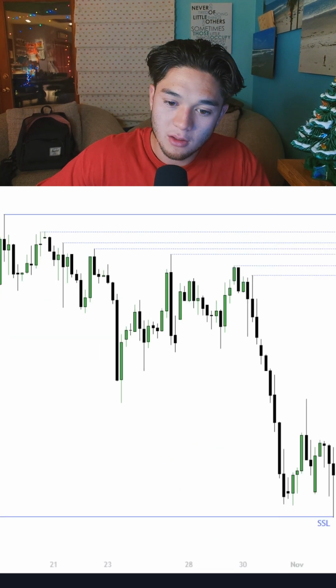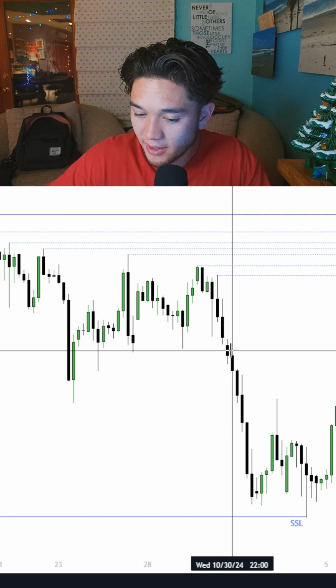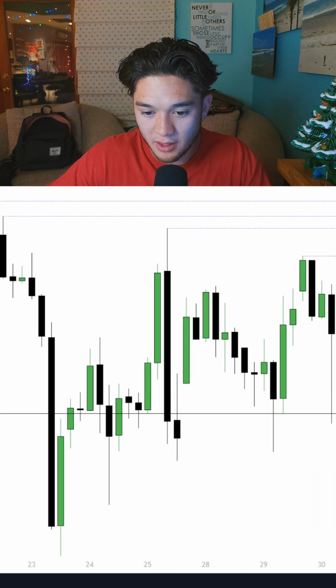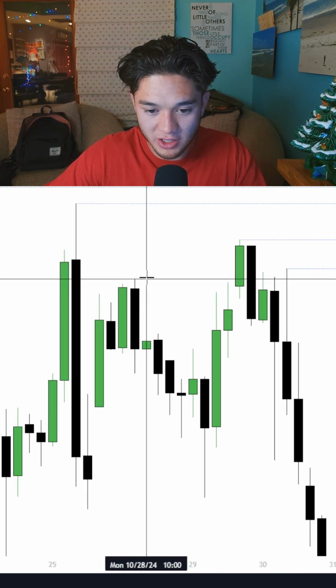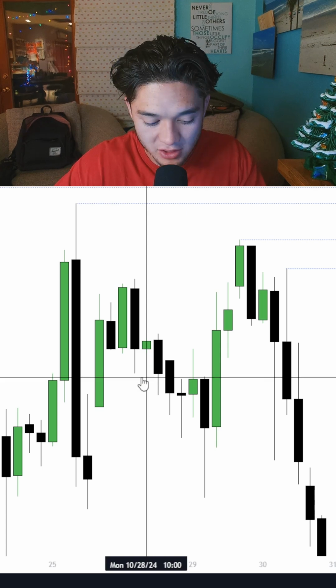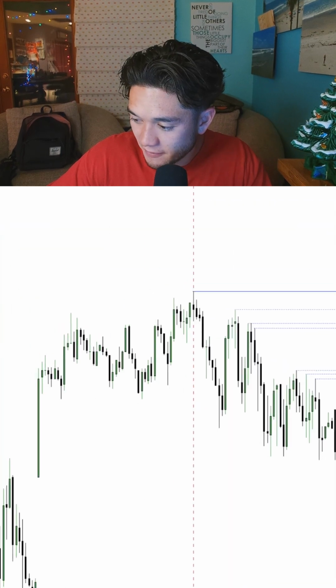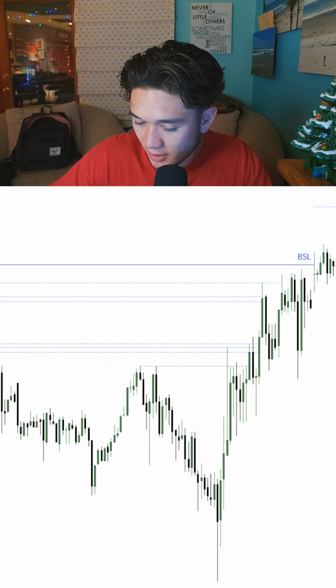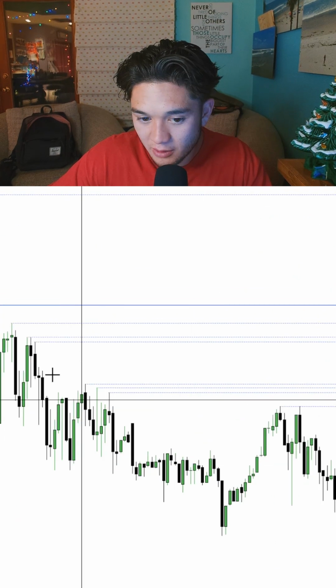And then we can see with these highs being generated, we can zoom into here. And as we can see, we have been generating highs on the way down. So this is the 4-hour time frame. If I zoom in, I'm now zoomed into a 15-minute time frame, and we have been generating buy side liquidity.